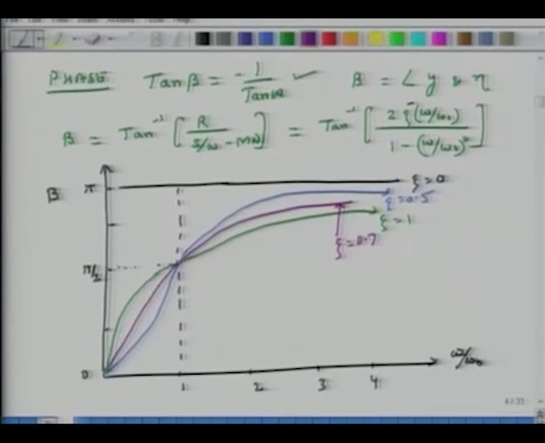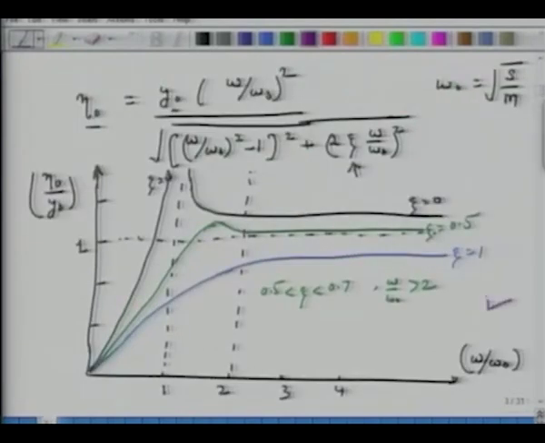So again, by looking at this particular curve for magnitude, we have said that I can reliably measure that the relationship between eta and y is pretty much a fixed constant for eta equals 0.5, 0.6, 0.7 in that range, and also for omegas which exceed omega naught by a factor of 2.